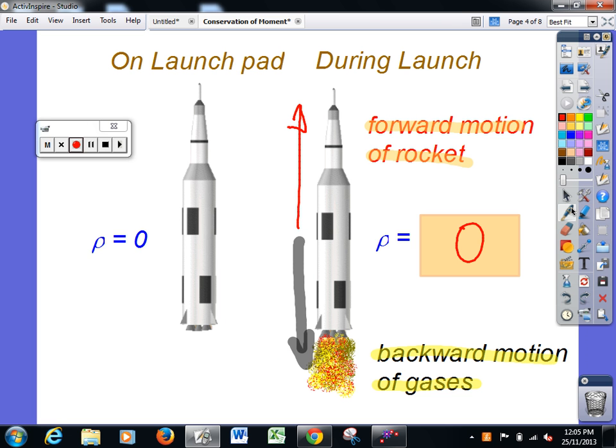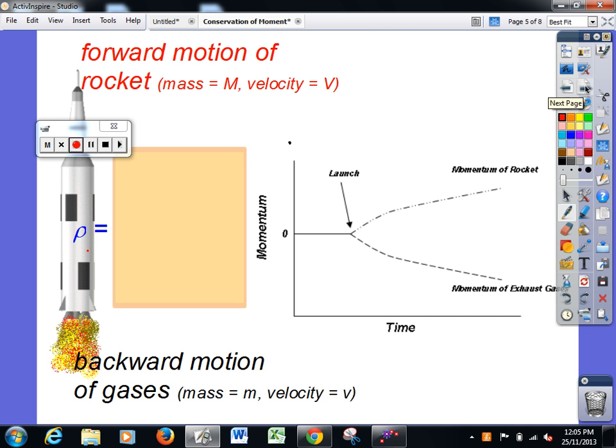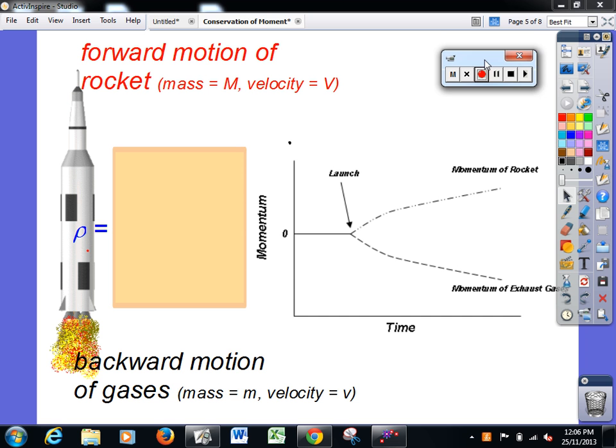So, continuing on. We're now going to have a look at the mass of the rocket itself, which I'm going to call capital M, and the forward velocity of the rocket, capital V. So the capitalisation is for the rocket.